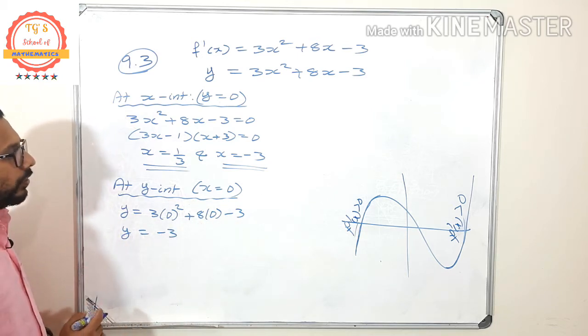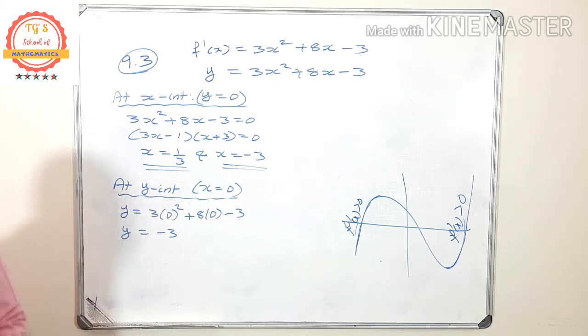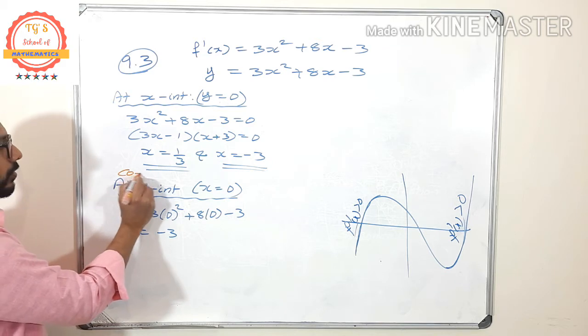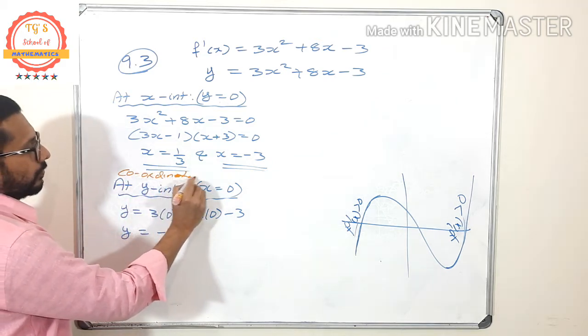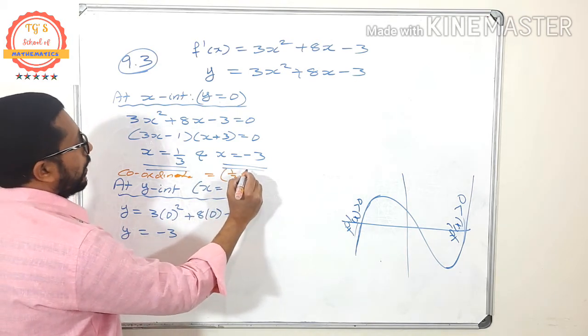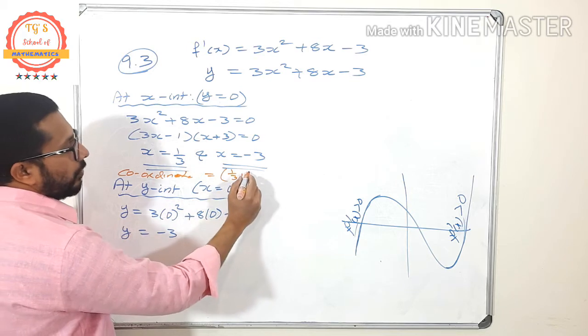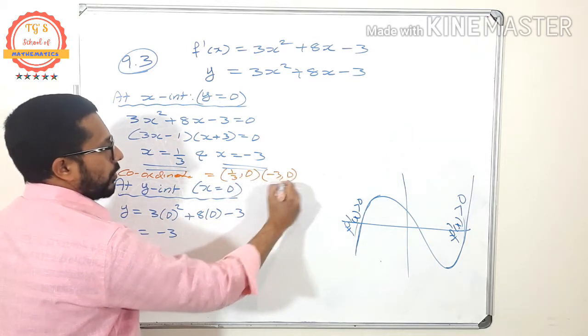Okay, so what are the coordinates here? The x-intercepts are 1 over 3 comma 0 and minus 3 comma 0.